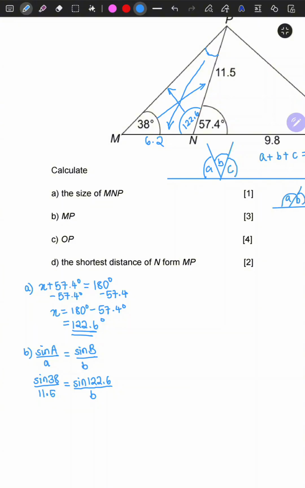So in order to make B the subject of the formula, how am I going to do this? Maybe I can say times 11.5, because that's the opposite of divided by 11.5.